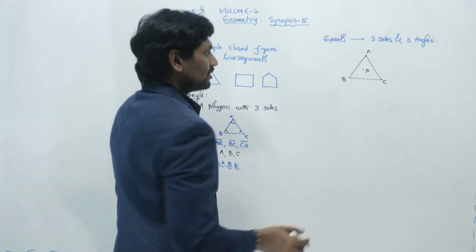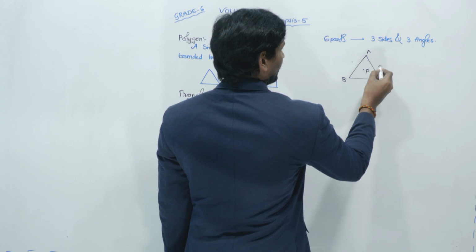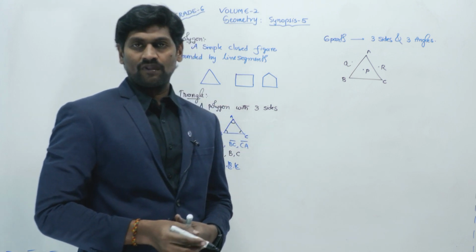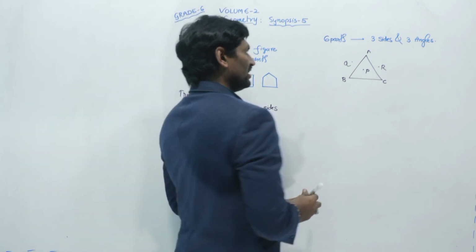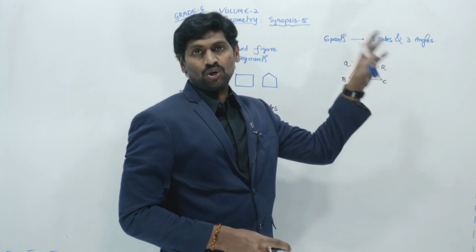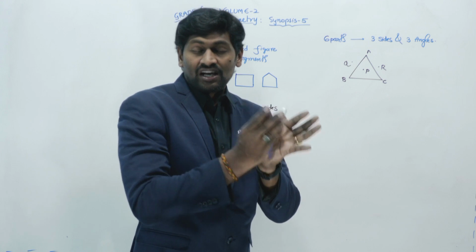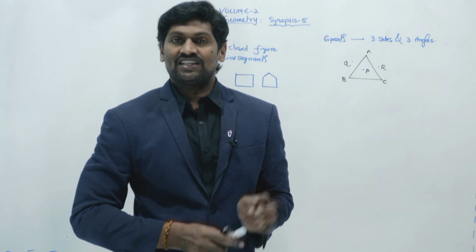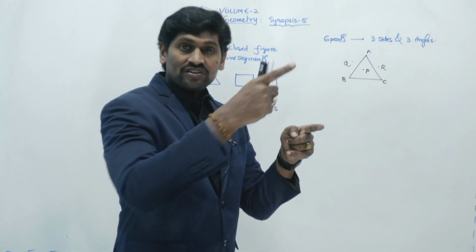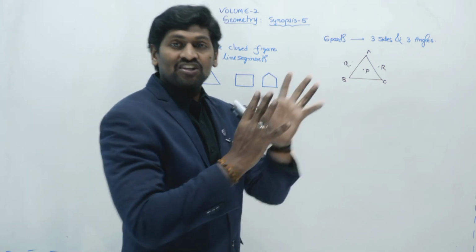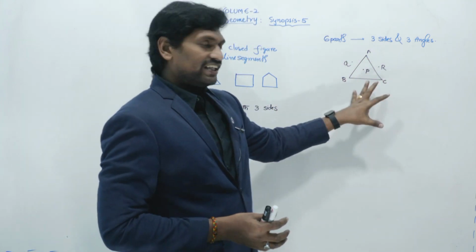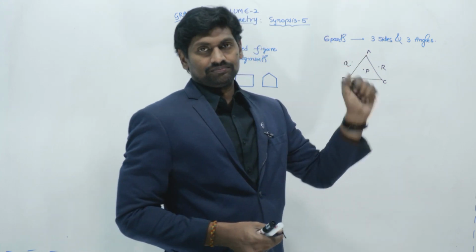If you take any point outside the triangle, they are exterior points. And A, B, C belong to the triangle. The points which are inside or outside we do not consider as belonging to the triangle. They are just inside or outside the triangle. The points which are on the triangle are the only ones that belong to the triangle. That means A, B, C. Clear? Interior part or exterior part.